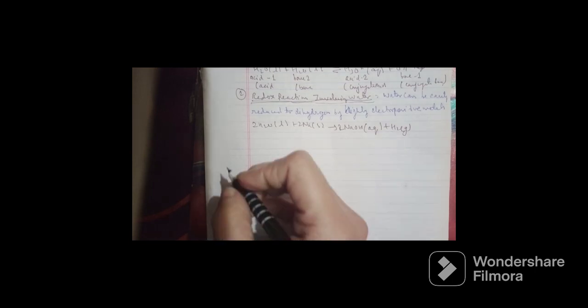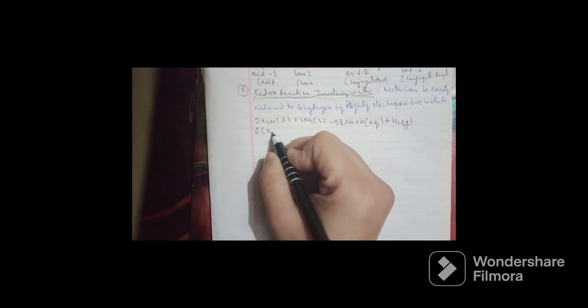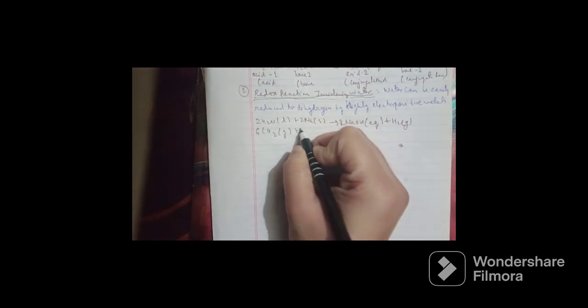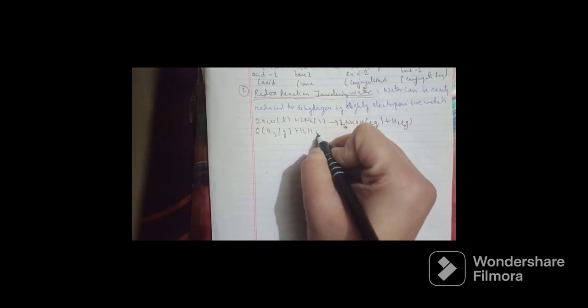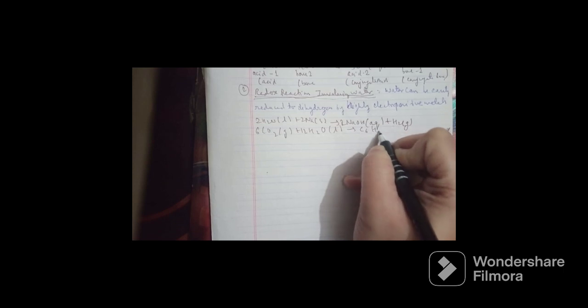Thus it is a great source of dihydrogen. Water is oxidized to O2 during photosynthesis, that is 6CO2 gas plus 12H2O liquid gives C6H12O6 aqueous plus 6H2O liquid plus 6O2 gas.